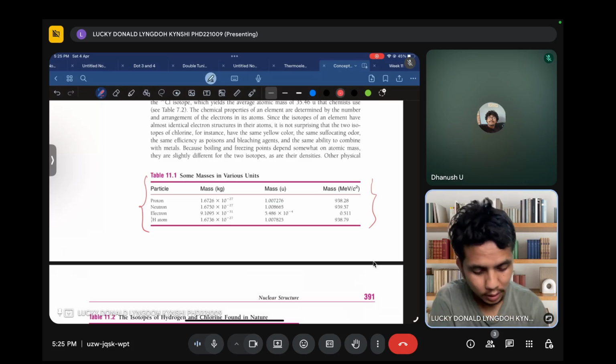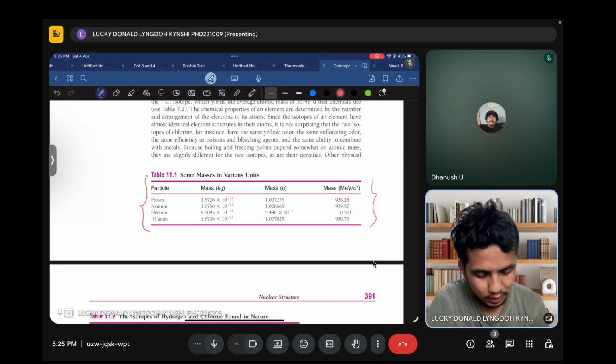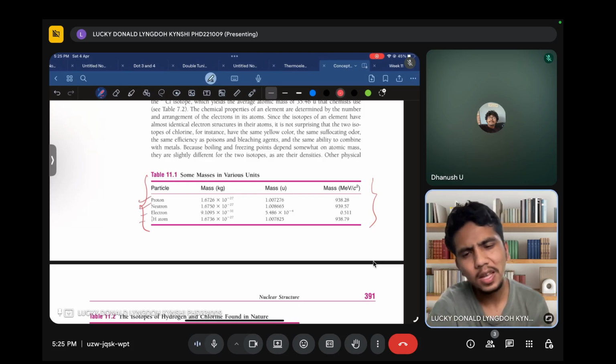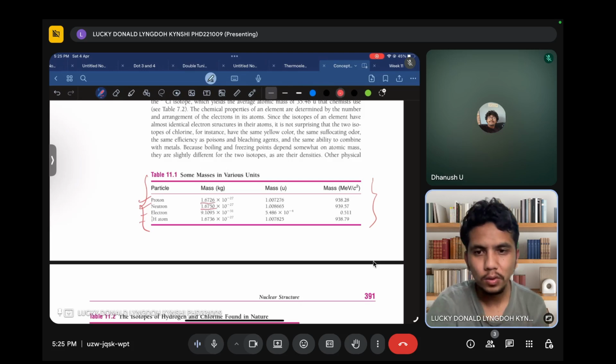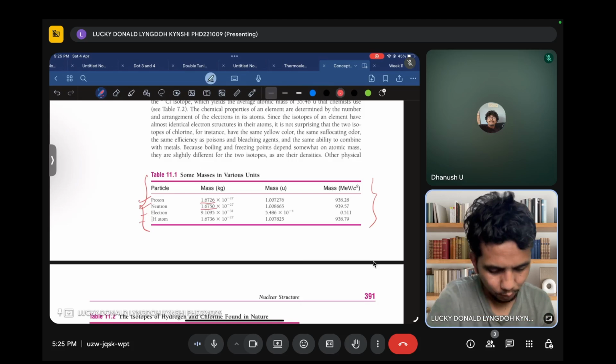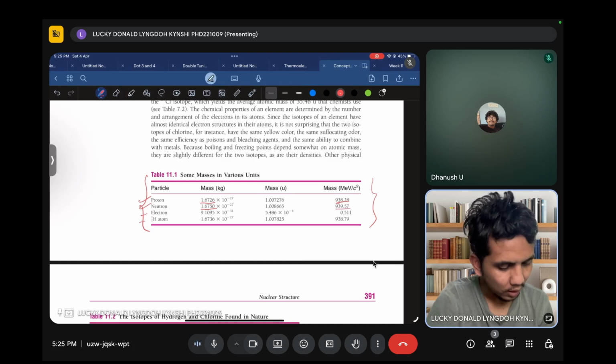You see proton, neutron, electron, one hydrogen atom. The proton, neutron and electron have slightly different masses. This is 1.6726, this is 1.6726, and 1.675. So if you are talking about the proton, you might have to use 938 and 939 and so on.